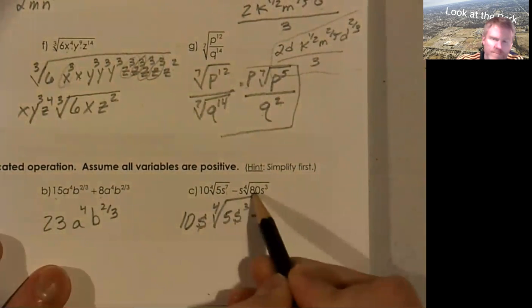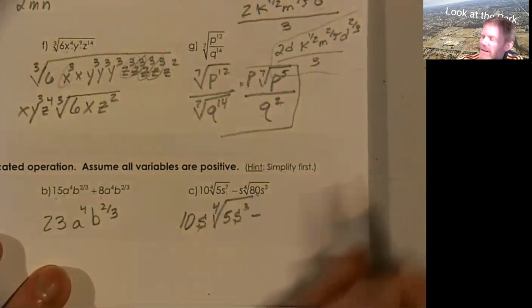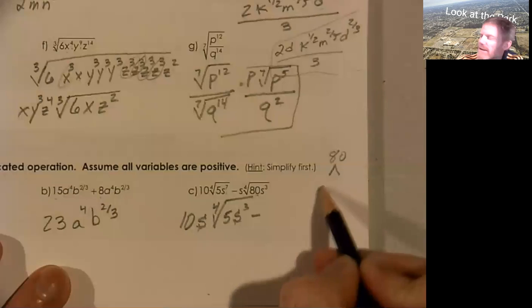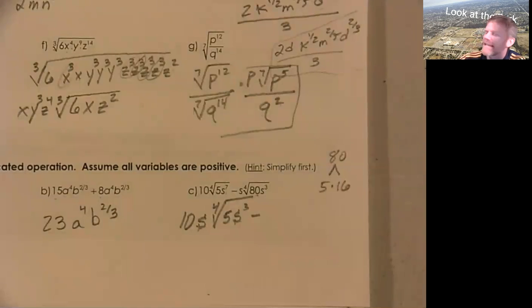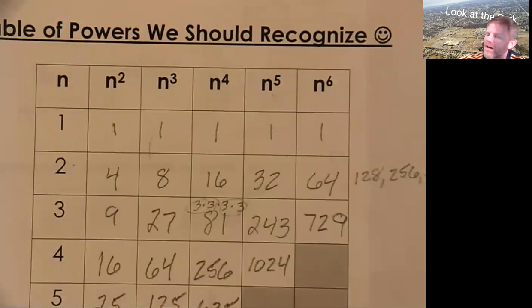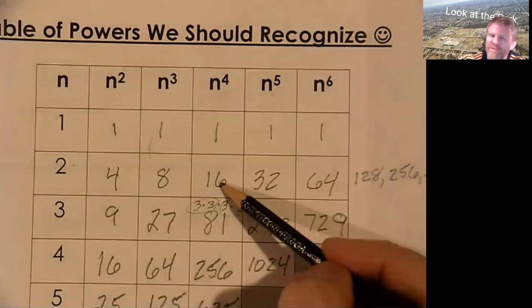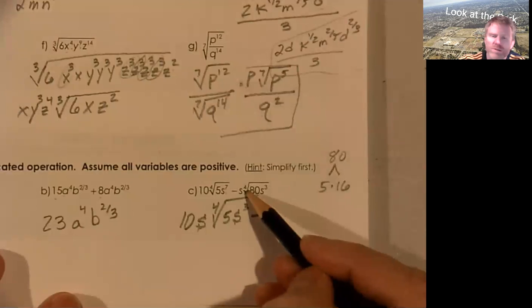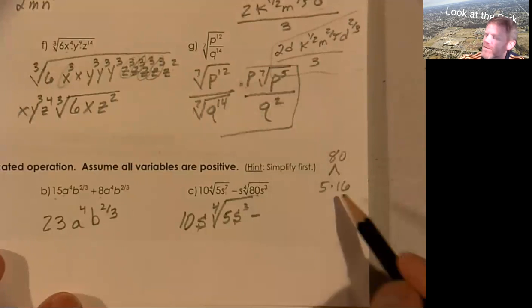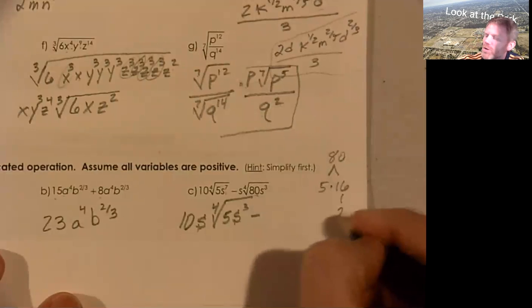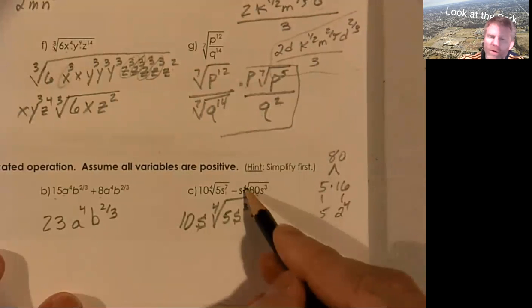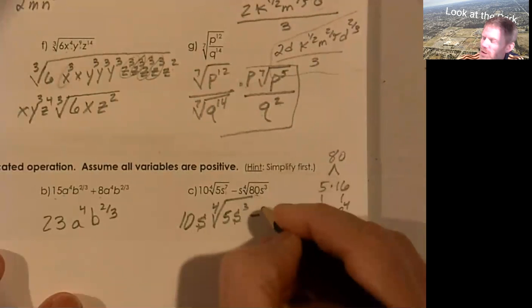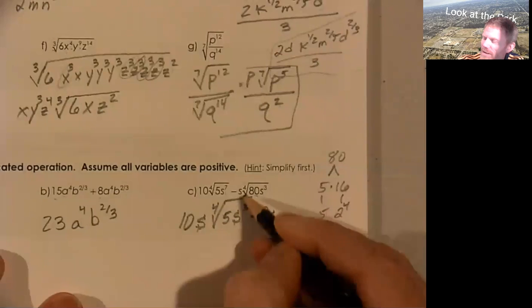Minus 18, or 80, sorry. 80 is 5 times 16. And we know that 16 is a number we talked about on our chart. The 4th root of 16 is 2. We are talking about the 4th root. So this is made up of 2 to the 4th power. So 2 to the 4th power, you're going to be able to bring out the 2 with the S that's out there.